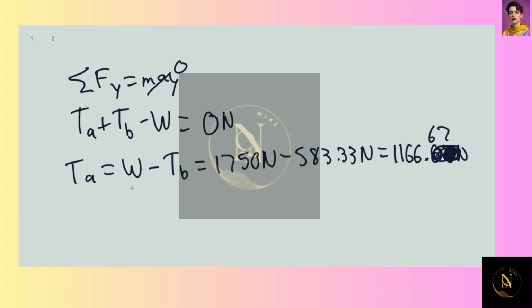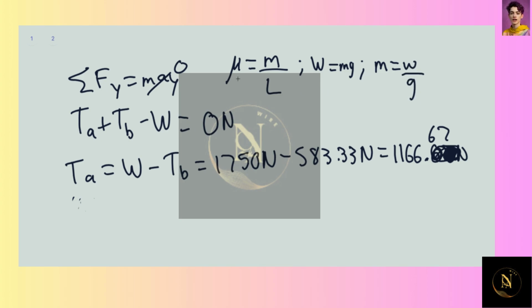At this point, let's put our knowns on the top right. The linear density is equal to the mass over the length. We know that the weight is equal to mg, which means the mass is equal to lowercase w over g.